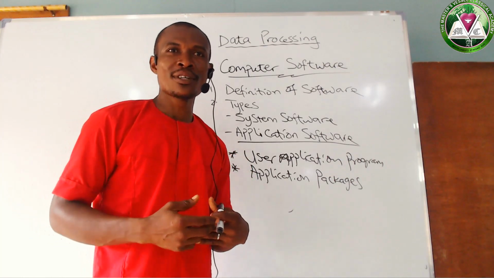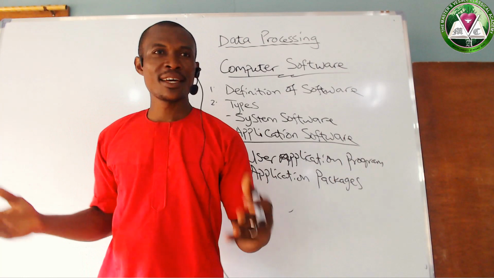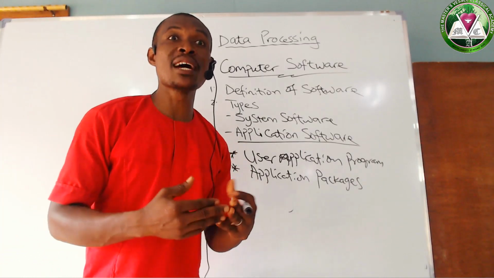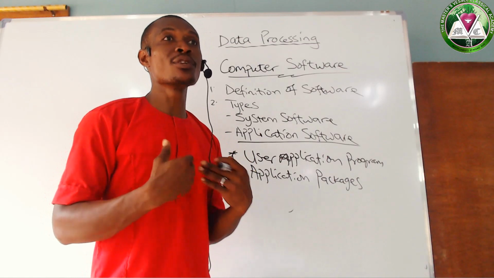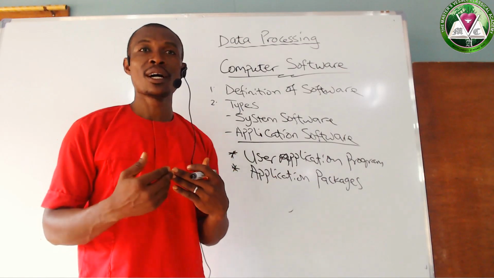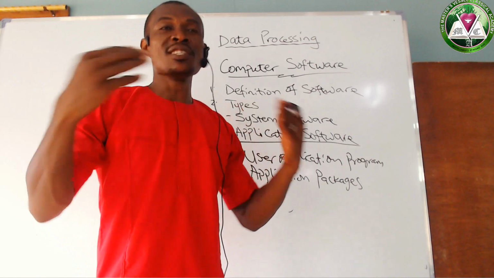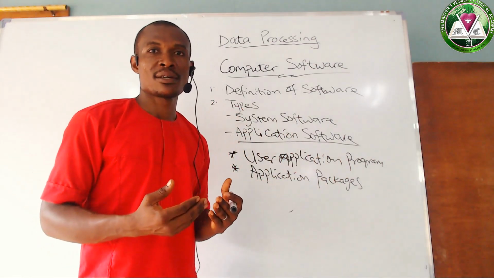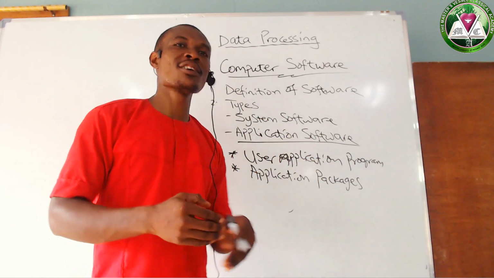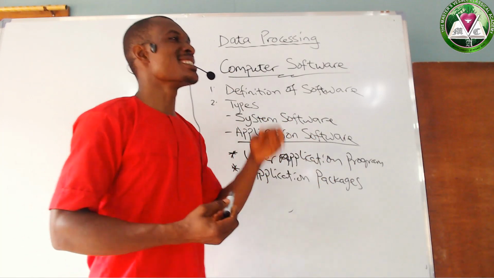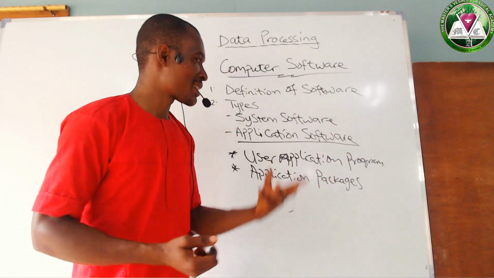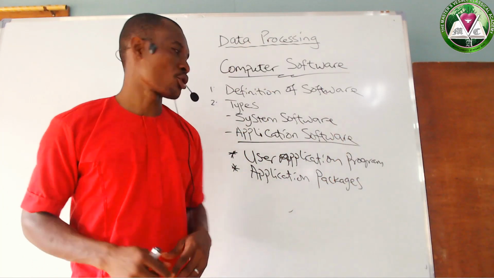For example, there are some universities that have programs designed for them, either to enable them to register their students or to register courses, which another university cannot use. If another university wants such a program, it will also be designed according to their taste. No other person can use it. That is a user application program.